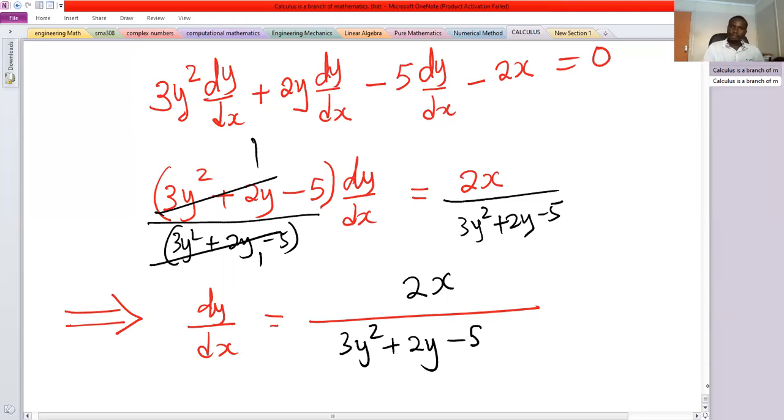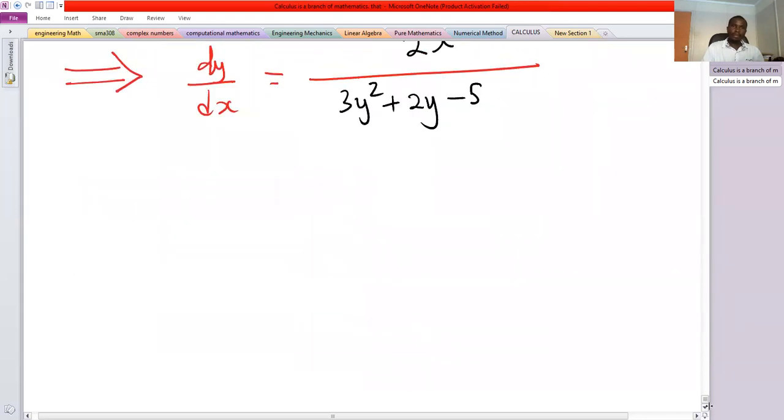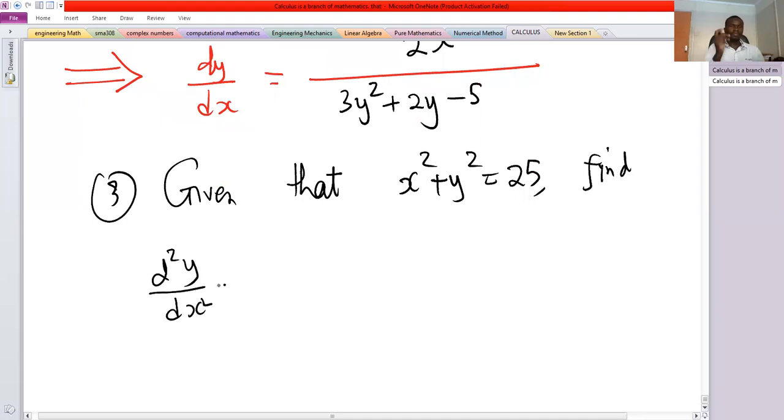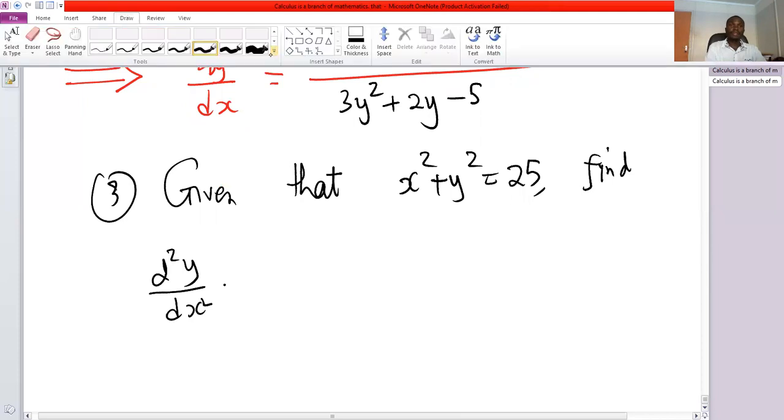And then next one, we have this number 3, given that x squared plus y squared equals 25, find the second derivative. Now, we get the second derivative after finding the first derivative.